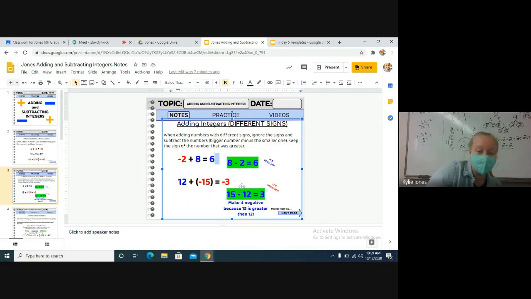Our next one, this time we have 12 plus -15. That one's going to equal -3. So in this case, ignore the signs again. You just have a 12 and a 15. Take the 15 because it's bigger. That's your first number. 15 minus 12 because it's smaller, and you get 3. All right, but how did this end up as a -3 as our answer? Why would it be negative?